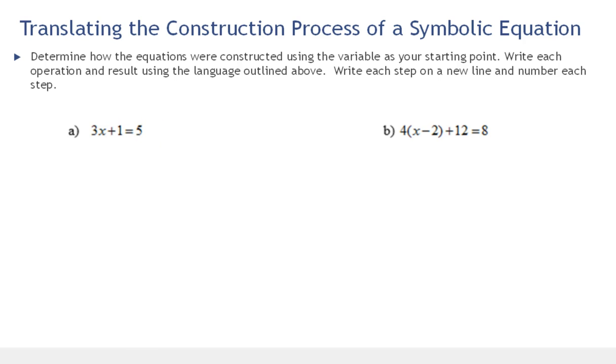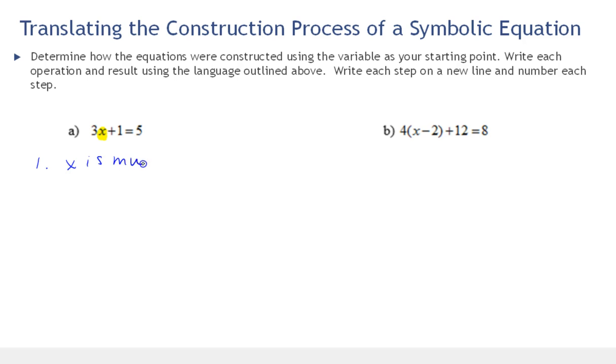So we're going to think about how this equation is constructed, starting with the x value. So I'm going to put step 1 here. Now you could imagine if you put a value in for x, what is the first operation you would do? Well, x is multiplied by 3. So that's how we're going to start.